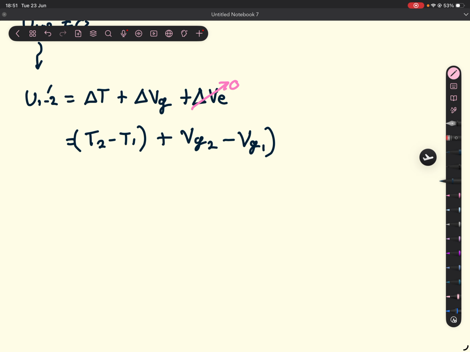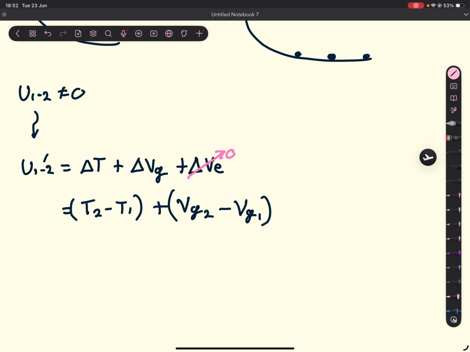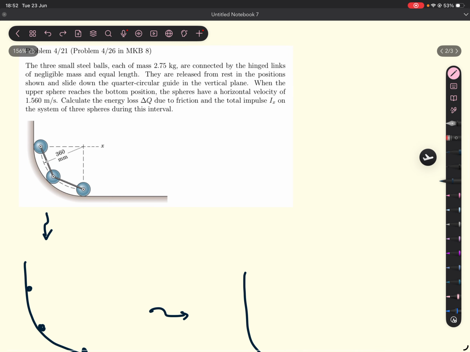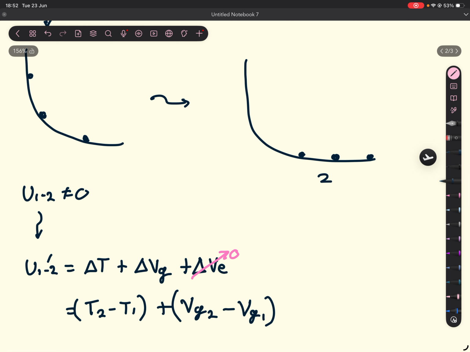As long as we have all the necessary information to fill in these terms, then we can solve the problem. So we're told that it's released from rest, and then it moves to this position over here in state 2. Cool.